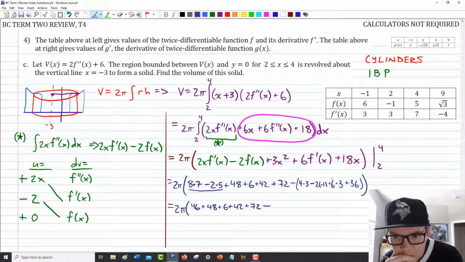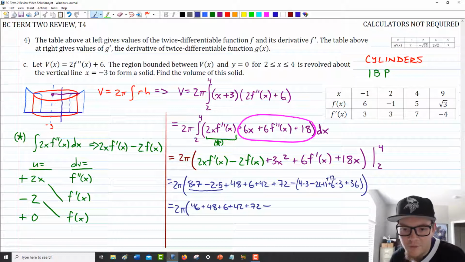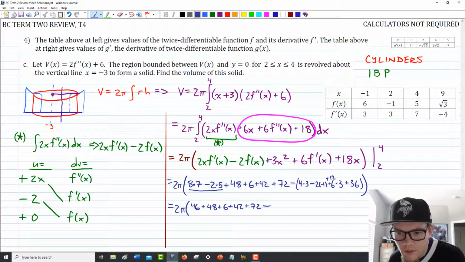Did I miss a term? 1, 2, 3, 4. Yeah, I did. I missed a term. There needs to be a plus 12 in there also. So we'll have minus, we have 12 plus 2 is 14, 26, 32.